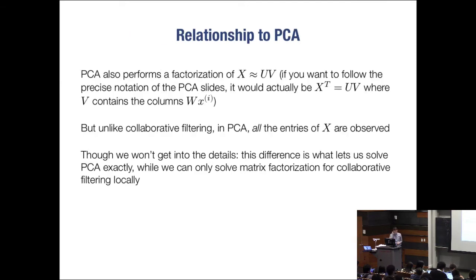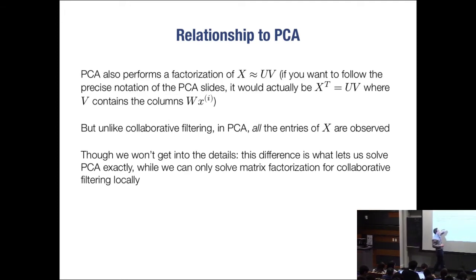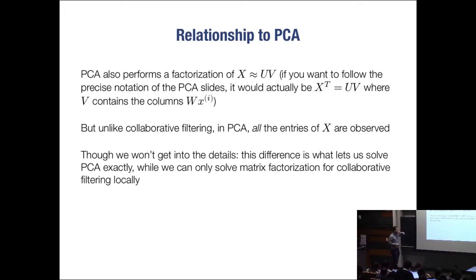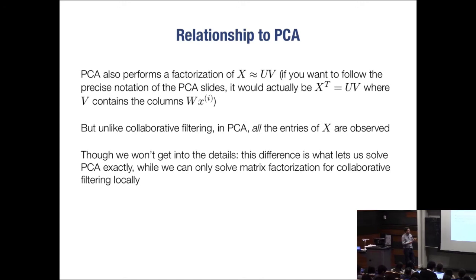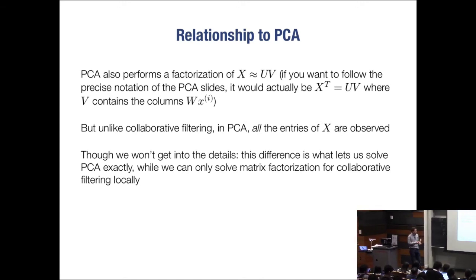And I just have one more slide that emphasizes this. PCA also does the exact same thing. It performs a factorization of UV transpose. If you want the precise notation in the slides, we're actually forming a low rank decomposition of the transpose of X, but that's not really important; of course, they're equivalent. But the big difference is that in PCA, we are approximating X with a low rank matrix, but we observed all the entries in X, X was just our data matrix.